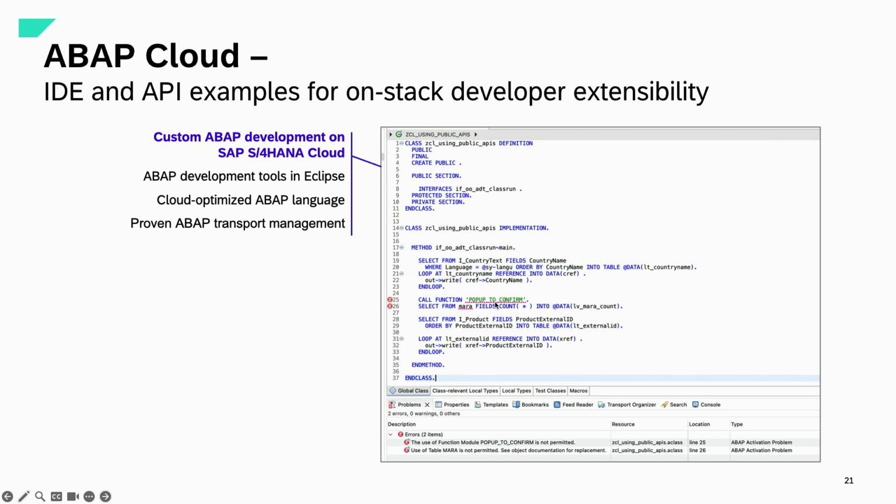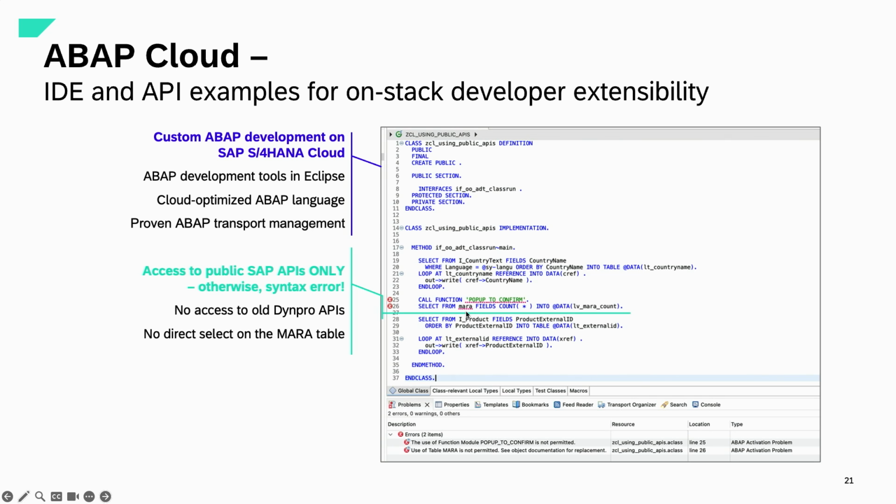And for example, here a call function pop-up to confirm would not help if you are in a browser-based Fiori UI. This is just not allowed and gives you a syntax error. Also, access directly to SAP tables is not a good idea anymore because we need to keep those things stable. And if we would let you access tables, this would get us in trouble when we need to extend or change something. Thus, we really recommend here to use, for example, not the Mara, but the replacement objects, which is in that case the CDS view iProduct.